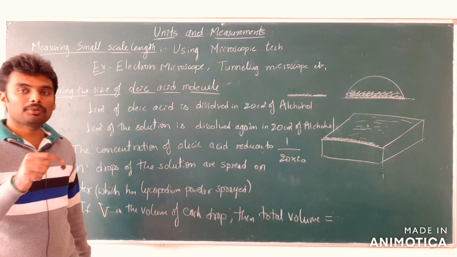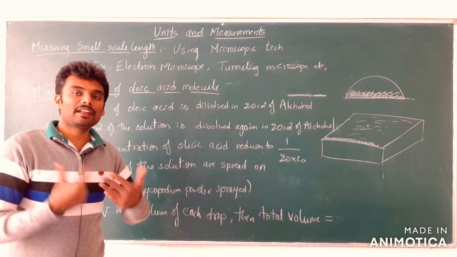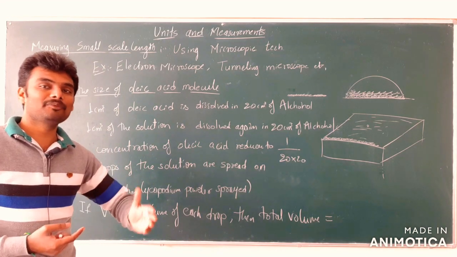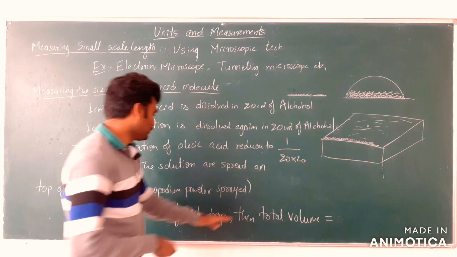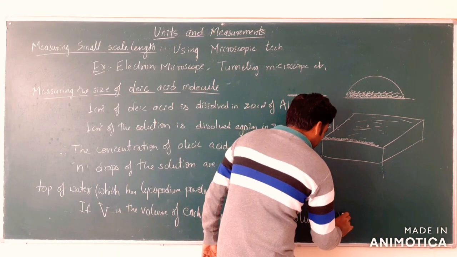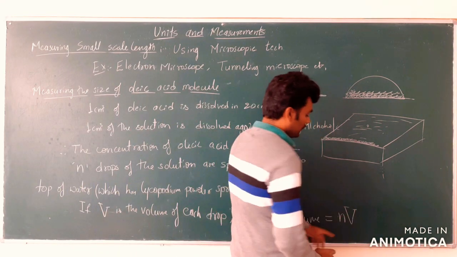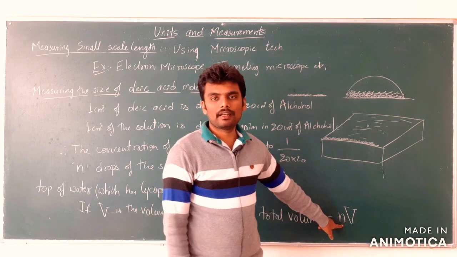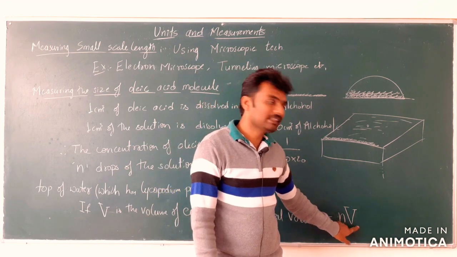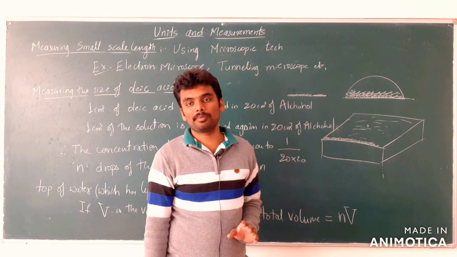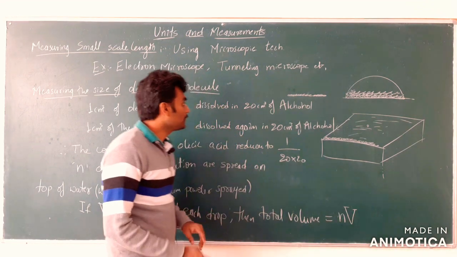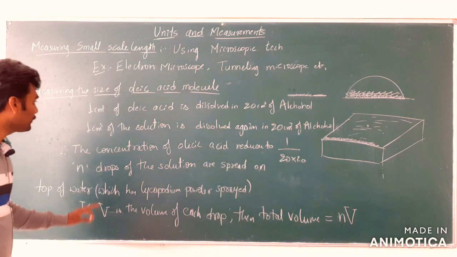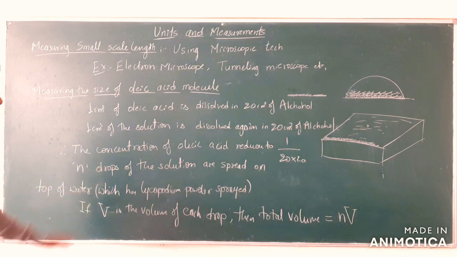See, each drop has the volume V, so n drops will have n times V, right? So then the total volume is n times V, where n is the number of drops and V is the volume of each drop. Okay, so this is about a few steps. We need to continue, it's not yet over.